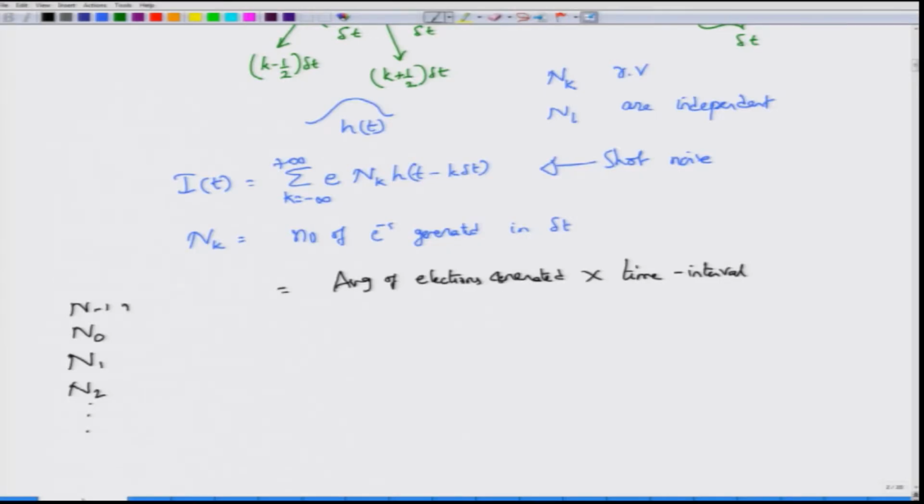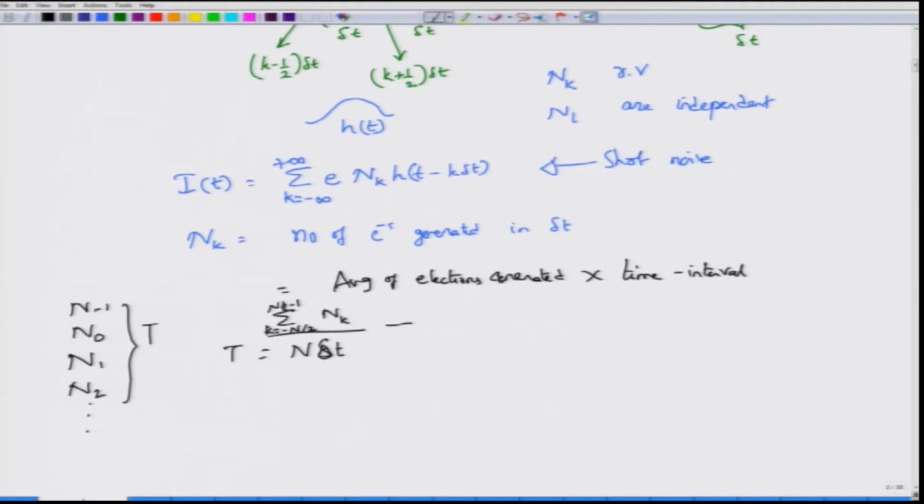Now, if I take the time width that goes on for all of them, then let us say I take a length of n, and then n times delta t would be the total time width. Find out the number of electrons that have been generated. So, here k will be equal to minus n by 2 to n by 2 minus 1, let us say. Find out the total number of electrons that are generated, and divide that by the total time.